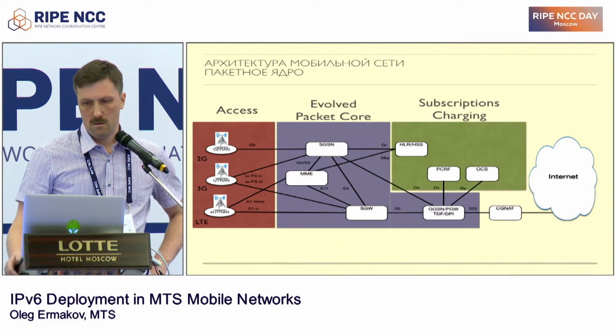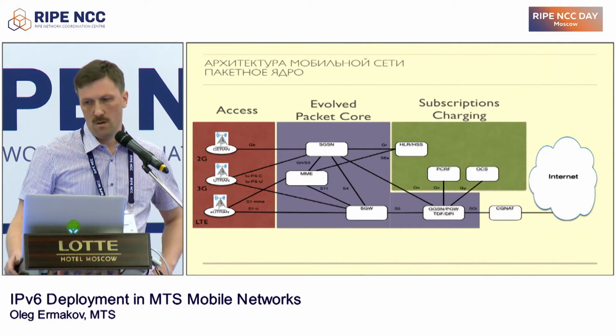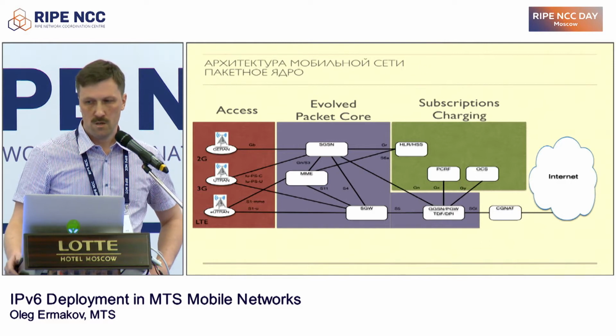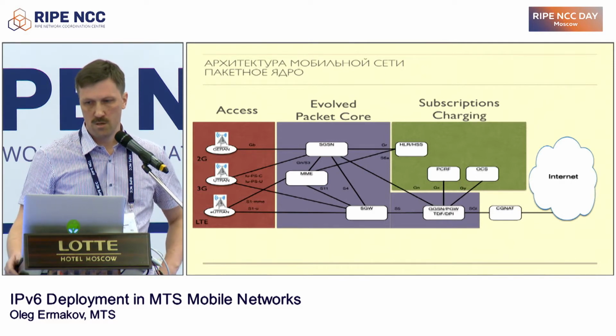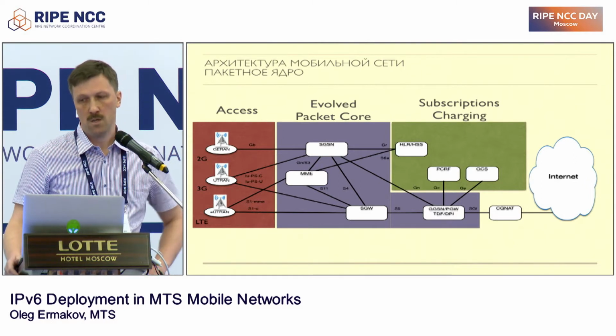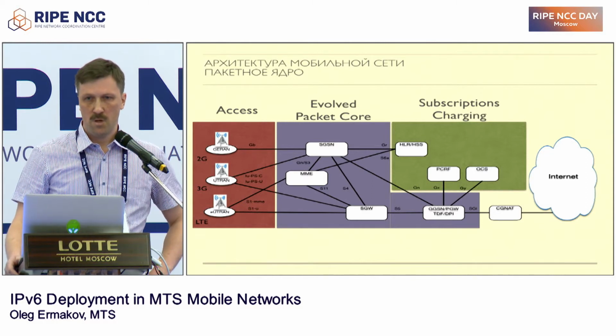The next segment is called subscriptions and charging. It includes HLR and HSS. It's a huge box that contains identification keys for every SIM card installed in our devices. And this box also contains all subscriptions of all subscribers in the network.